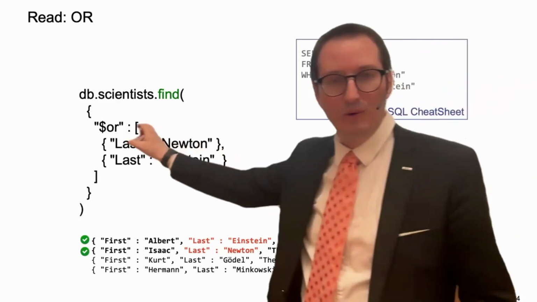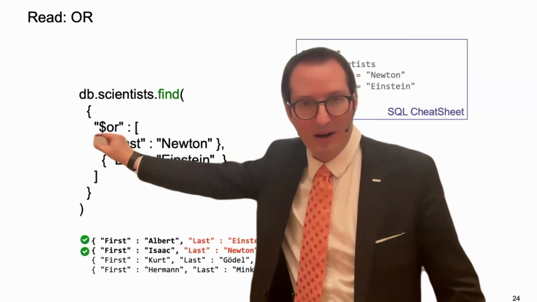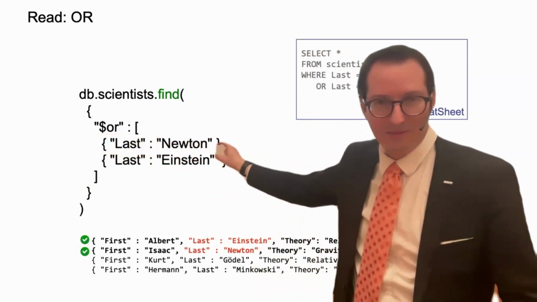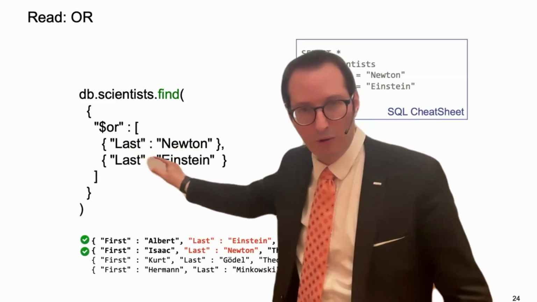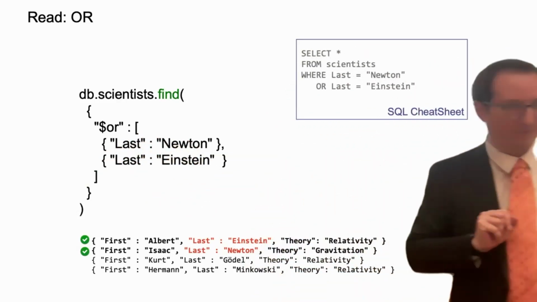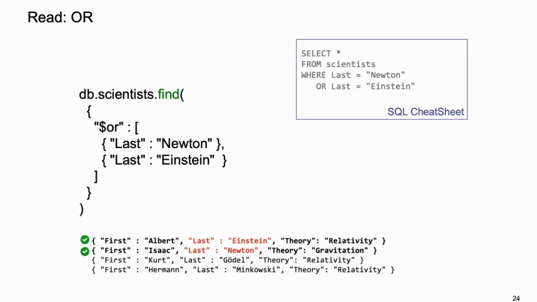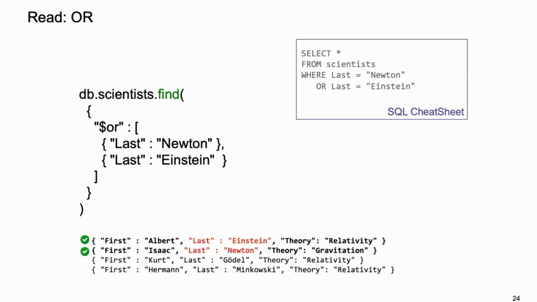And what MongoDB would do is that when it sees the $or, it's going to take what's in the array here and check for either that or that. So either you have last that is Newton or you have last that is Einstein. And then it's going to return these two documents right here. So you see here, there's some asymmetry because of the API between the and, that is a bit more pleasant, and the or, that is a bit more convoluted, but this is how it's done.